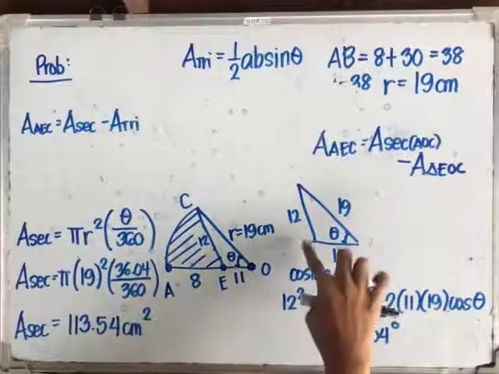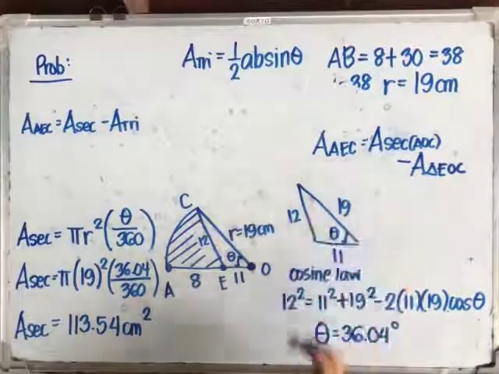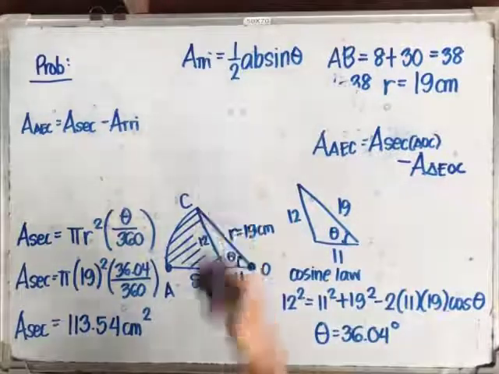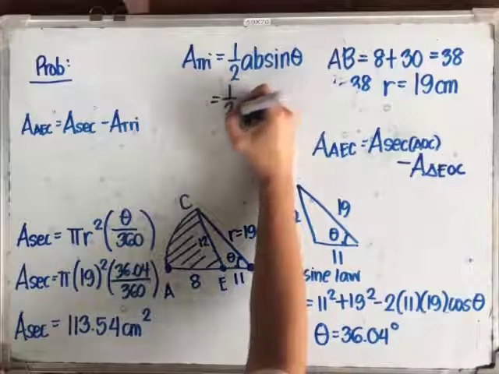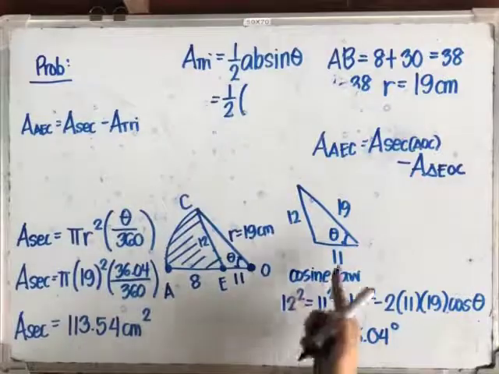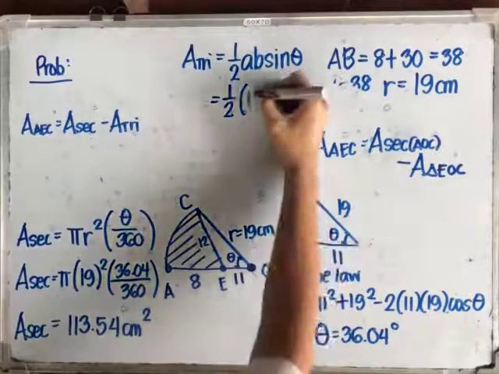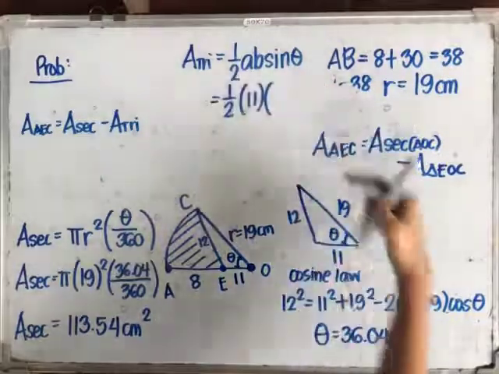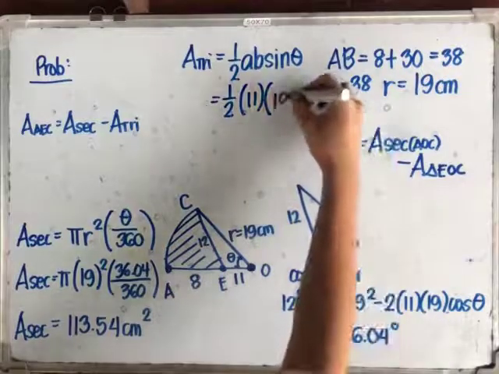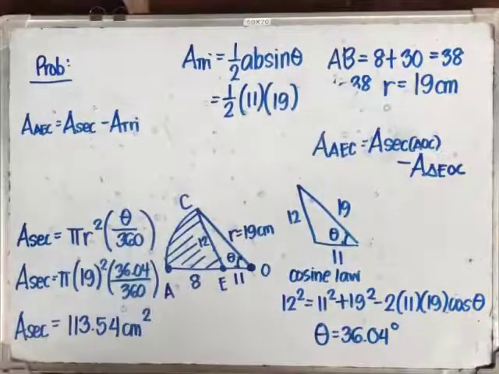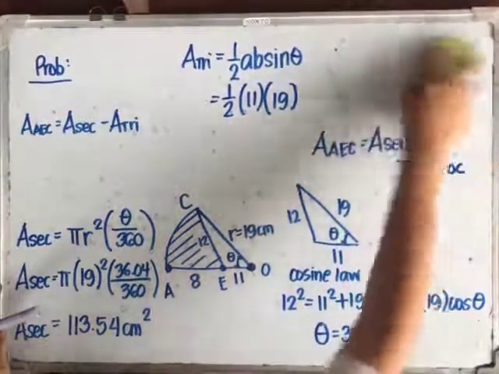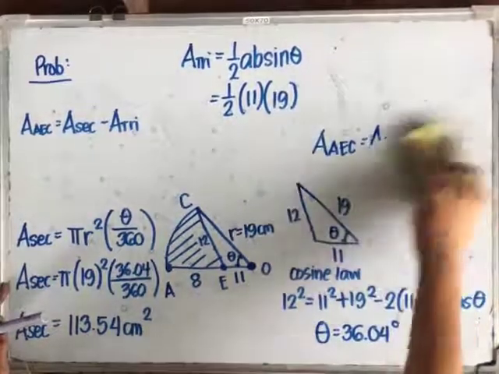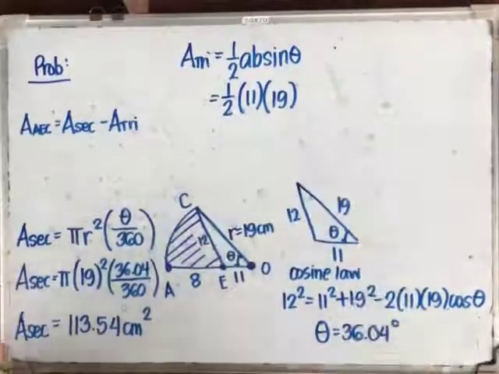So in this case, instead na mag-Heron's formula ka, since may angle ka na, this is the easier way of computing that area. Okay? We have 1/2. Take A as 11. B is 19. And multiply it by the sine of your angle theta. Okay? Ano nga angle theta natin? 36.04.